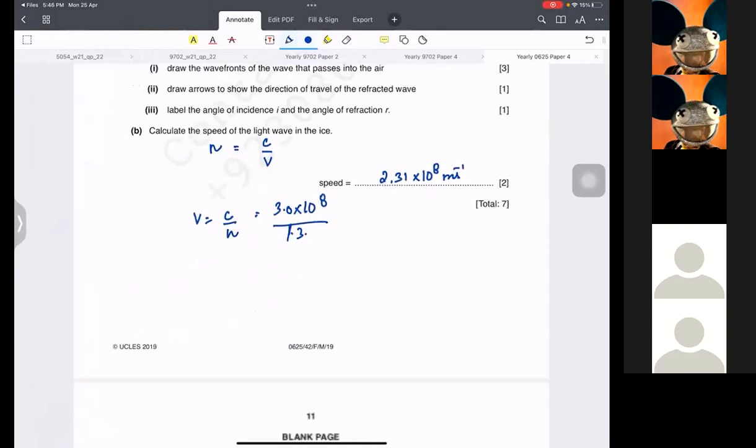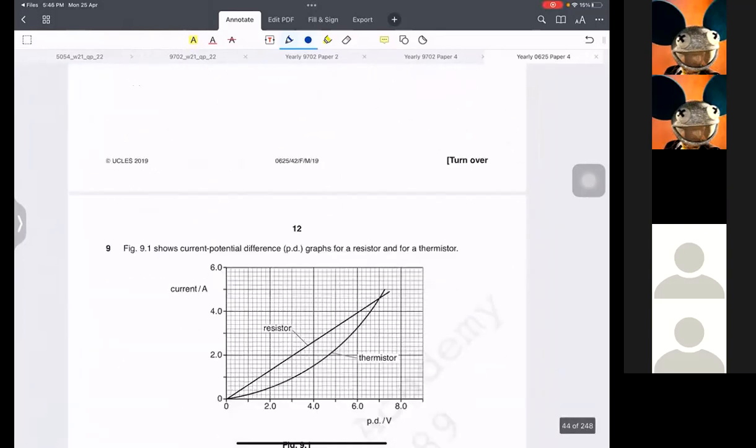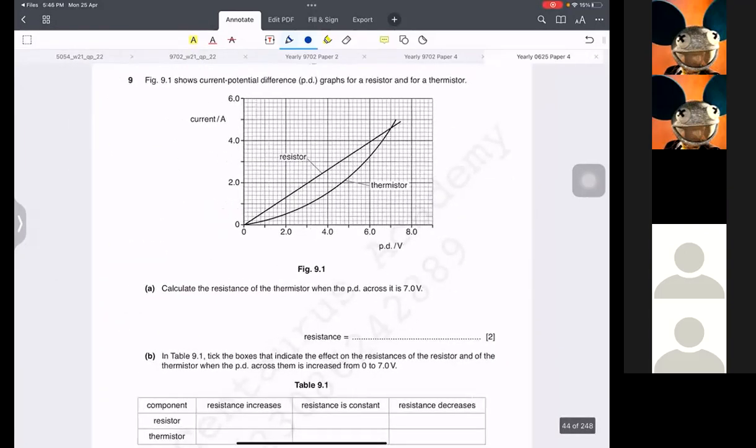Okay. Now, going to question number 9. Calculate the resistance of the thermistor when potential difference across is 7. So we want to find the resistance. So at 7, you go right here and then check right here. It is 1, 2, and 3.